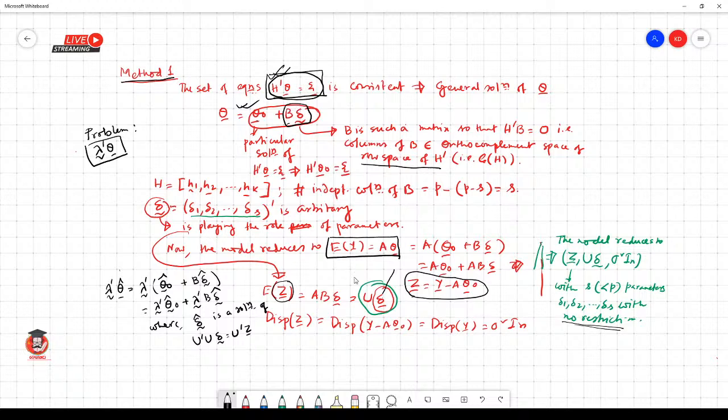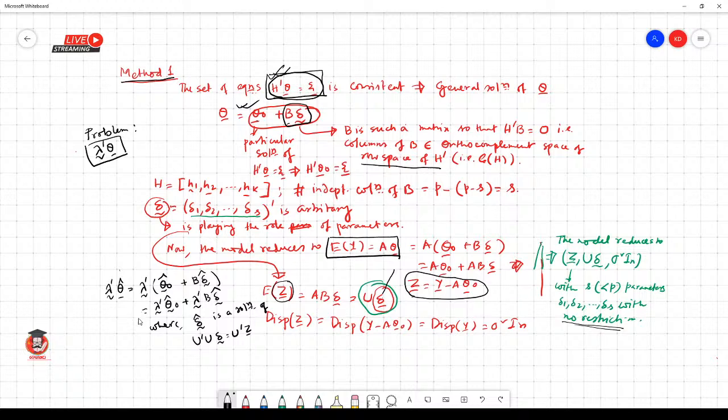And now you see that since expectation of y curl equals A theta curl, and if you put this theta naught curl plus B delta curl, you see that A theta naught plus A B delta curl, and if you take z curl equal to y curl minus A theta naught, then you see that this is the usual model z curl equals U delta curl, sigma square I n, where delta consists of s parameters, with no restrictions.